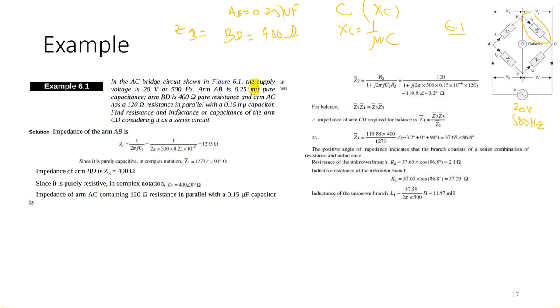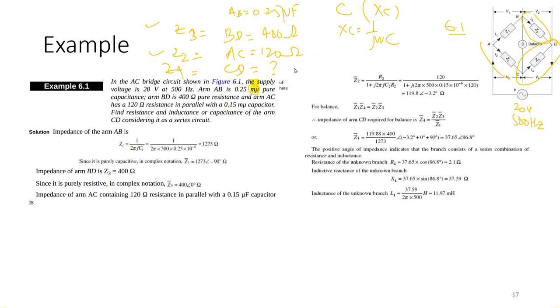AC has 120 ohm. Again, AC is this arm, and it is Z2, so we are good with Z2 and Z3. We need to find the resistance and inductance or capacitance of CD. CD is our Z4, and this is to be calculated.